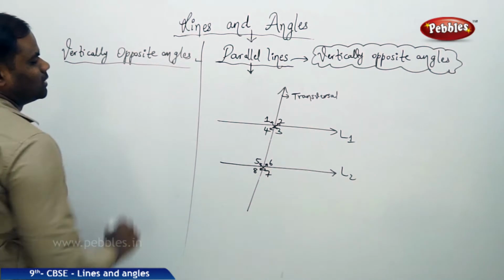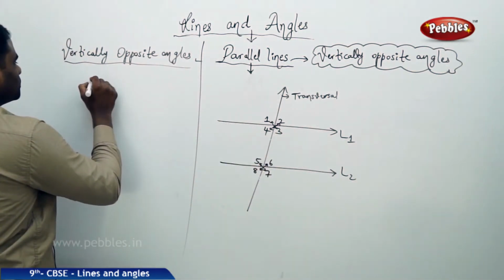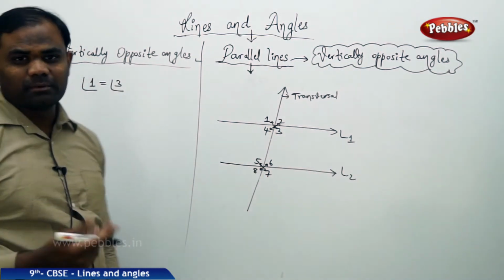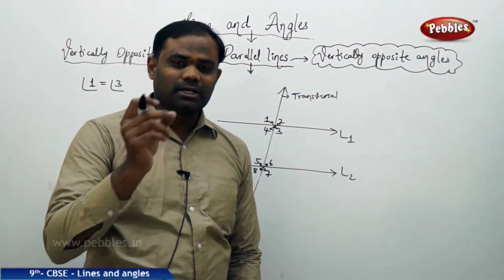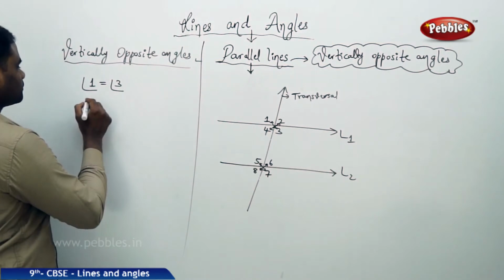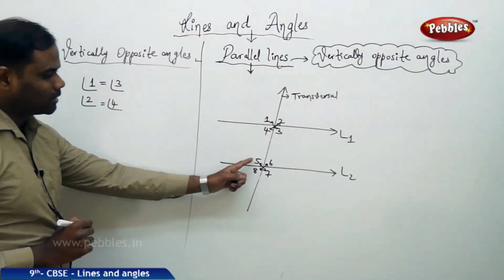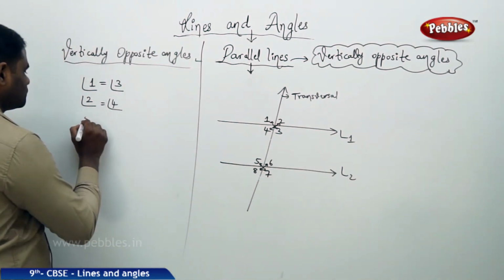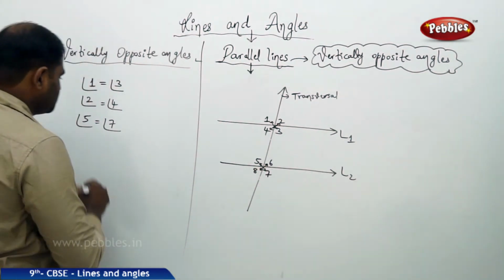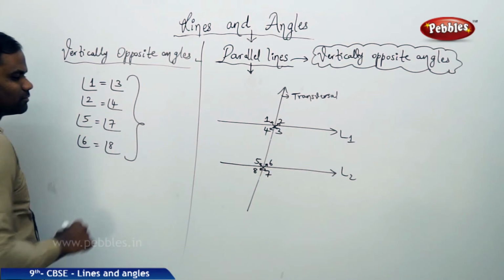Angles which are opposite to each other, as can be seen, one is vertically opposite to 3, and they are always equal, as proved in the previous theorem. Vertically opposite angles are always equal. So 1 equals 3 and 2 equals 4. Similarly, 5 and 7, and 6 and 8 are all the possible pairs which are equal.